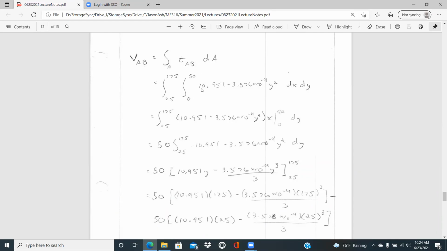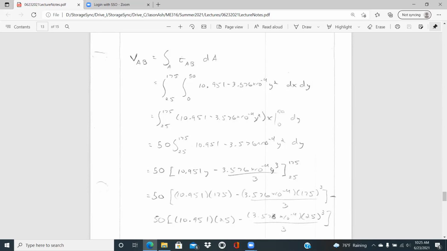And we have our shear stress as a function of y and integrate with respect to area. We have dx dy. We can integrate from 0 to 50, from 25 to 175. And when we integrate the first term, there's no x value, so it just gets an x in there. Plug in the limits of integration.